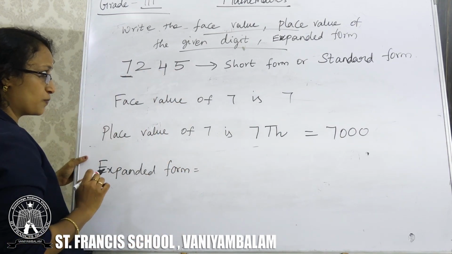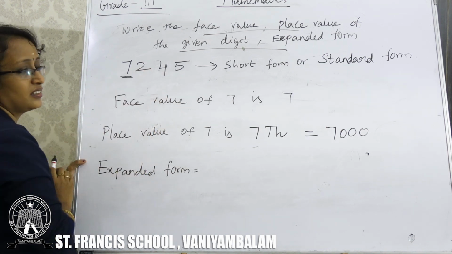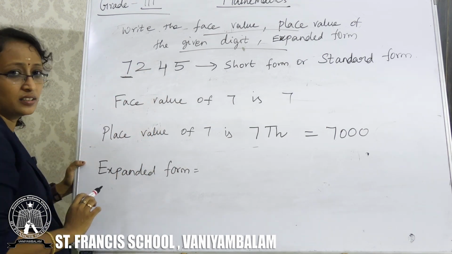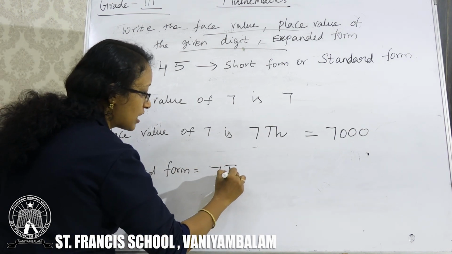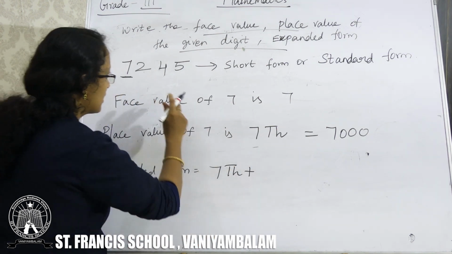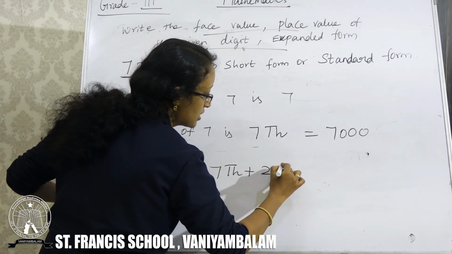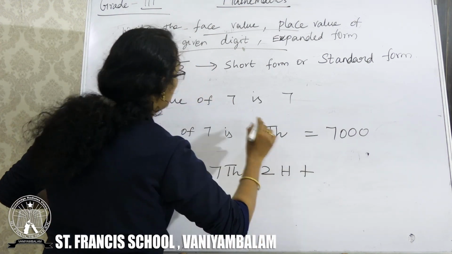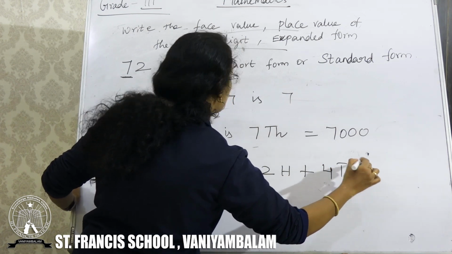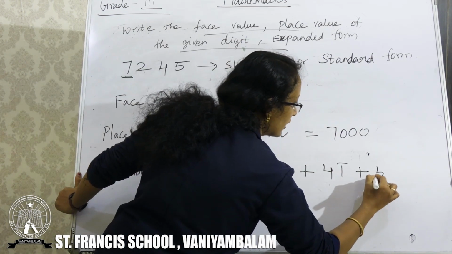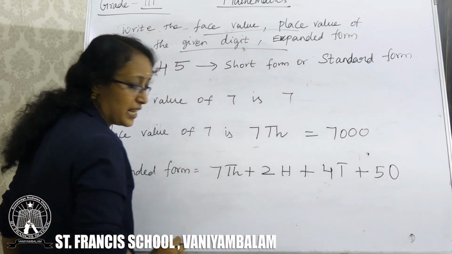So 5 is in which place? Ones. 4 is in tens. 2 is in hundreds. 7 is in thousands. So 7 is in thousands place. Next 2 is in hundreds place. Next 4 is in tens place. Next 5 is in ones place.